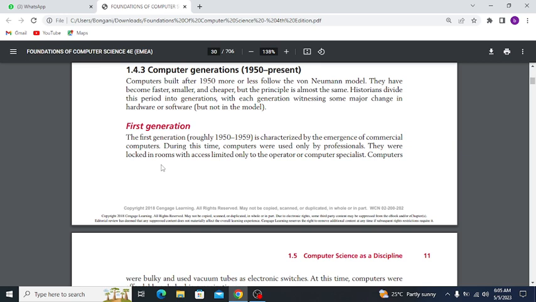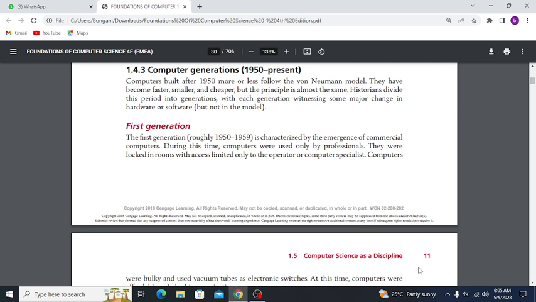Historians divide this period into generations, with each generation witnessing some major change in hardware or software, but not in the model, like how it works, because they still follow the von Neumann model.